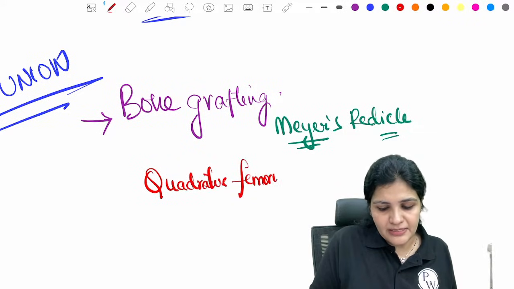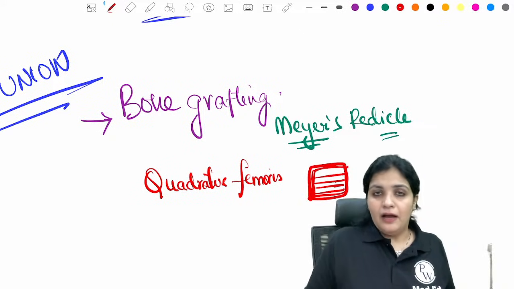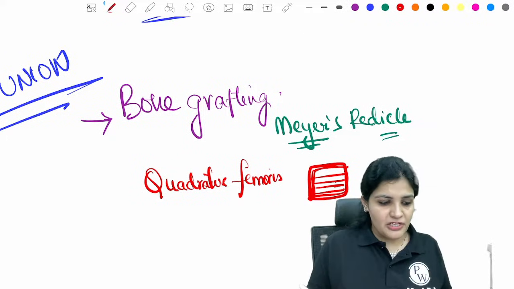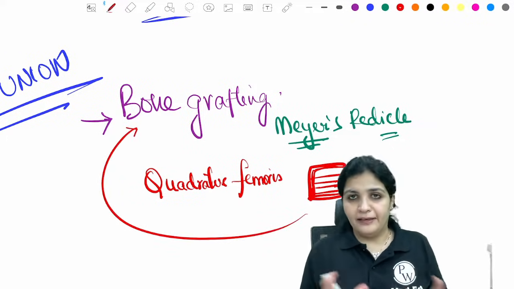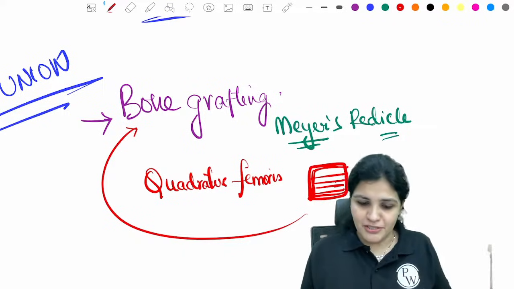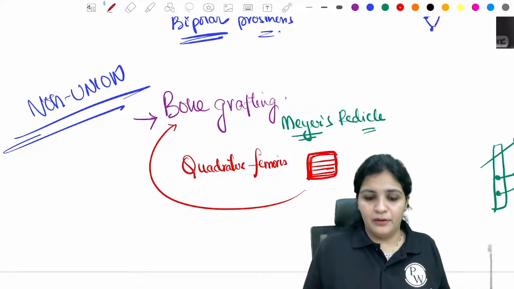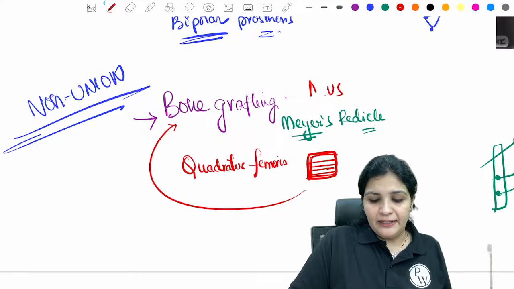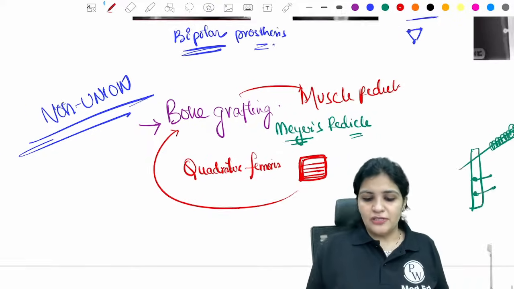Quadratus femoris is a quadrilateral-shaped muscle in the hip region, and we take it and put it as a bone muscle pedicle graft for non-union. Usually we don't do it; it is in the theory which is given there. So this is the Mayer's procedure.